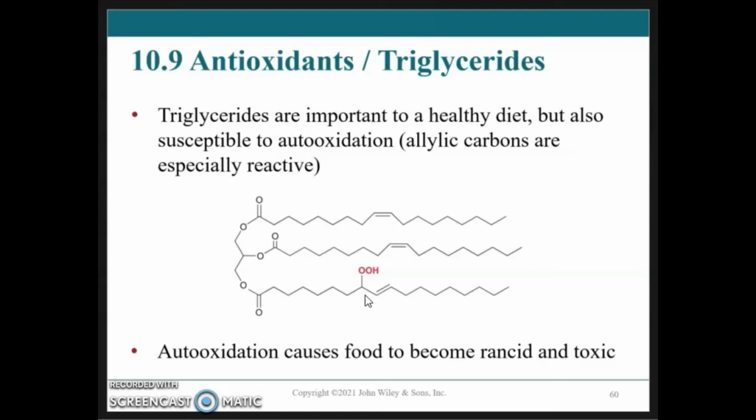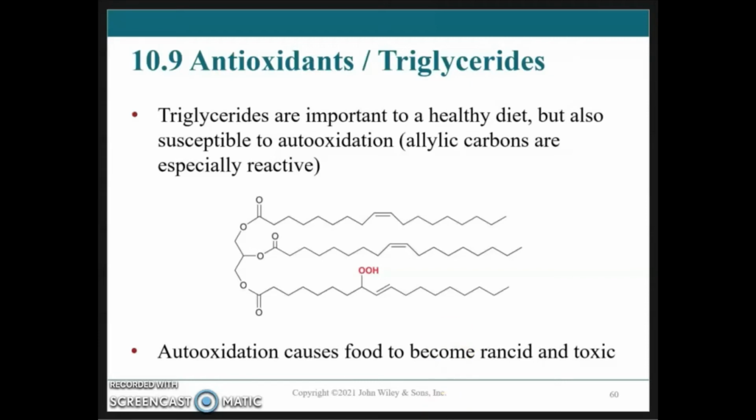So a jar of peanut oil on a grocery store shelf may last for years, but after being used once, that oxidation process is initiated, and within a few weeks, used oil will turn rancid.